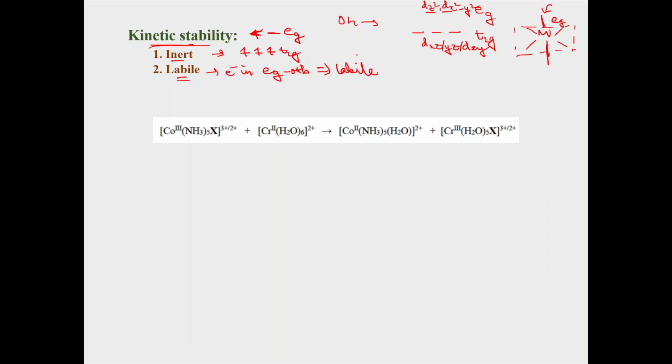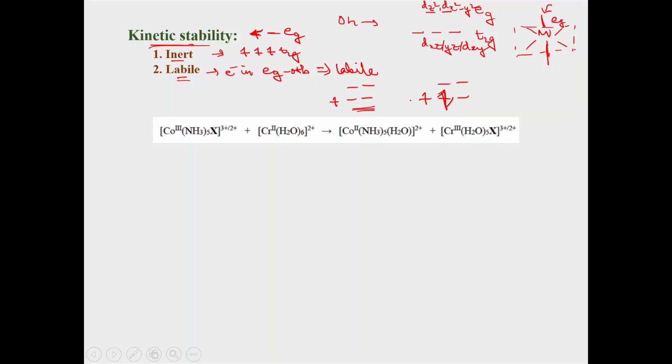But also, if there is only one electron, like a d1 system or a d2 system, then also it is labile, because there is room for electrons to come into the t2g orbital as well.